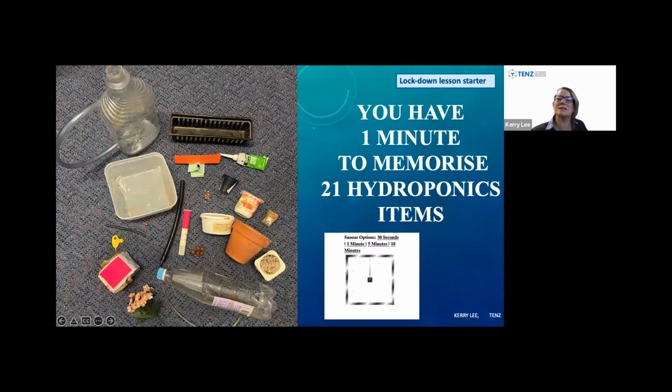In this case, it says NFT, so that's nutrient film technique. And this is a bit of silicone in a tube, which you can use to seal the outside. So you're going to put your yogurt containers in here, or in here, or in here, and then that's where your plants are going to grow. So what we're going to do is, you've got 1 minute, don't write these down, 1 minute to remember these items.